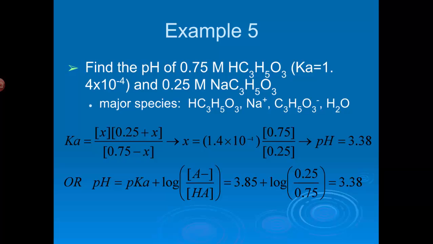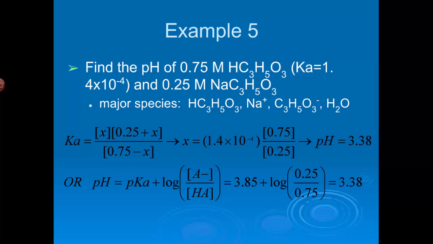Or we can use the Henderson-Hasselbalch equation, which is pH is equal to pKa plus the log of base concentration over acid concentration. The pKa is the negative log of the Ka, 1.4 times 10 to the minus 4, which is 3.85. And then the base concentration is 0.25 and the acid concentration is 0.75, so we take the log of that ratio and add it to the 3.85.